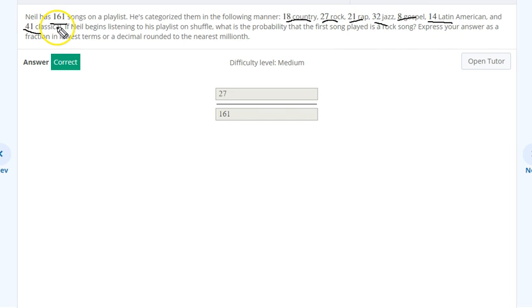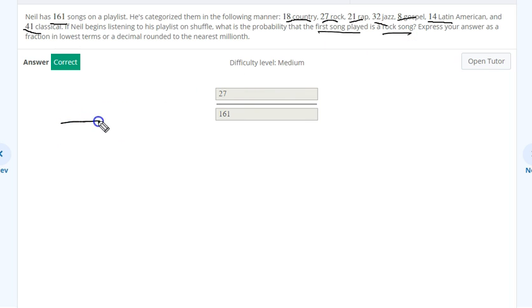And the first thing you might think of, if they didn't give you the 161, is what is your total in your collection? You'd have to add them all up. When you add them all up, they become 161. Now, the probability of what we're looking for here is that the first song played is a rock song.